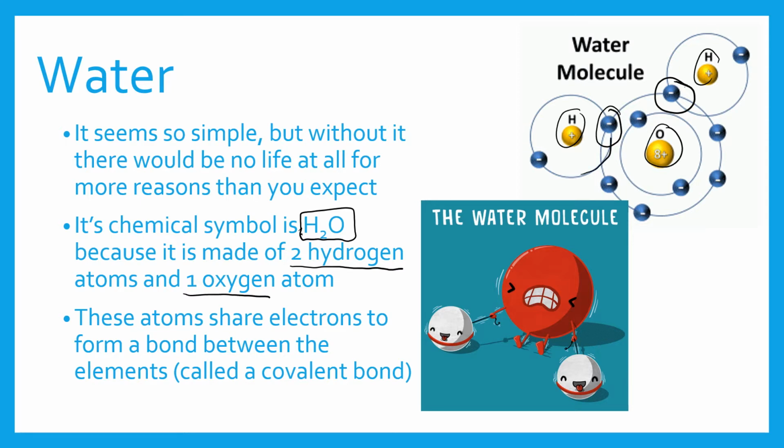Their little lines are connecting the oxygen and the hydrogen. We call that sharing a covalent bond. I'm not going to test you on that term, but just know that in order for these atoms of hydrogen and oxygen to come together, they have to share their electrons.